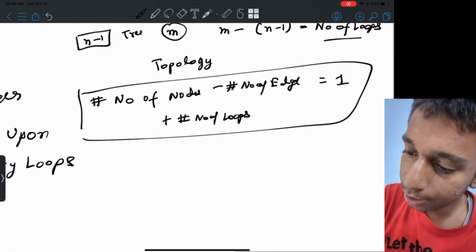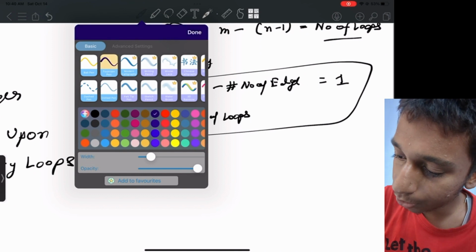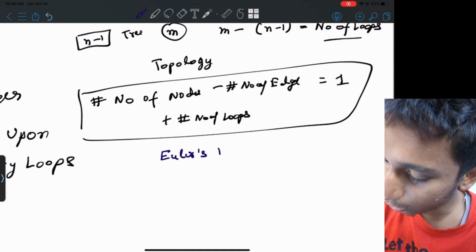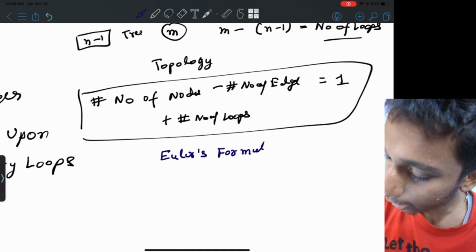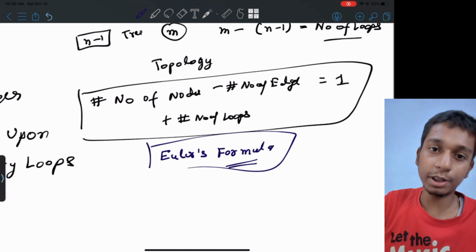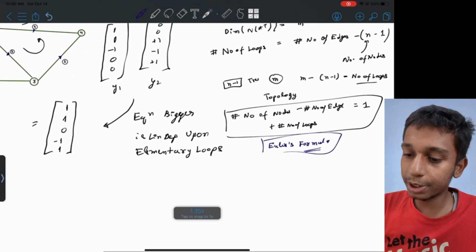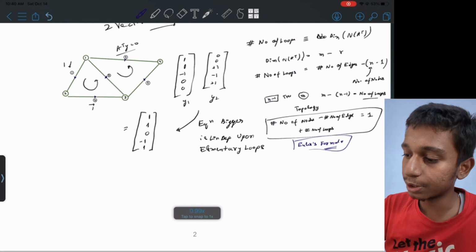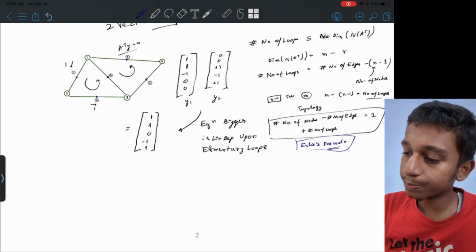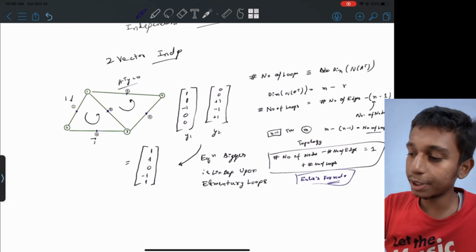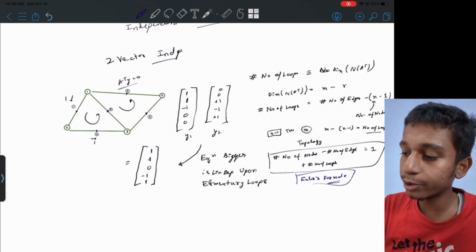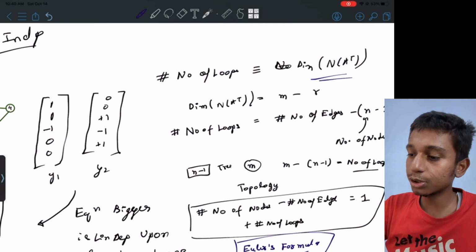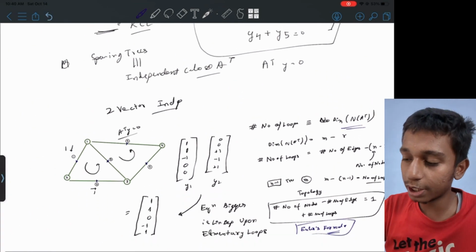And this is what is called in topology Euler's formula, and this is true for any graph, and it is not only true for planar graphs, but it extends much further. Therefore this is how linear algebra extends to many domains, even up till topology, where the solution to the dimensionality problem leads us to a really important result derived by Euler.